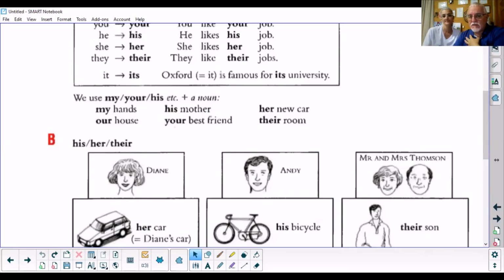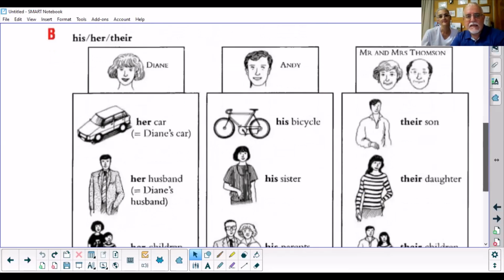Our house. Nossa casa. Your best friend. Não, seu melhor amigo. Seu melhor amigo, desculpa. And their room. A sala deles. Sala deles. Okay, so let's look at some examples here.